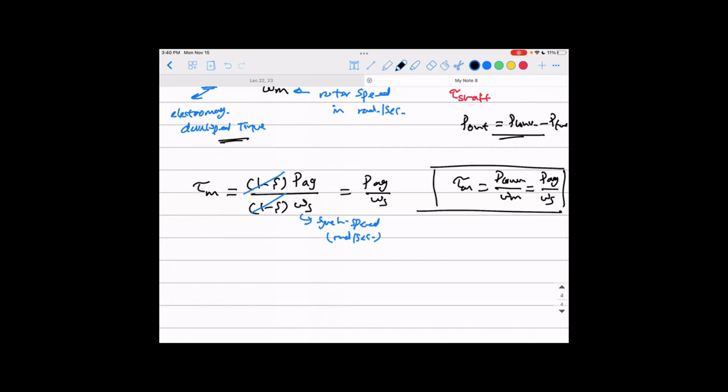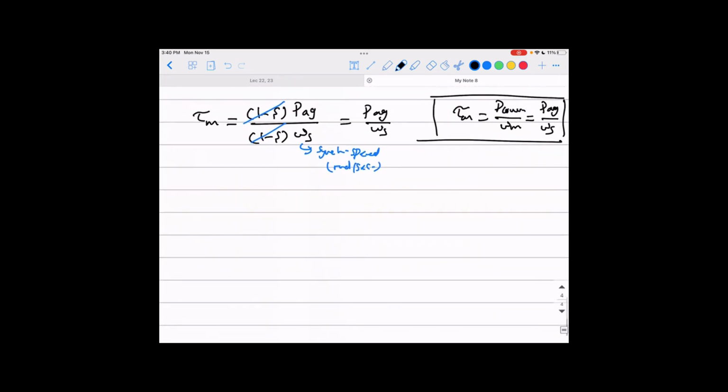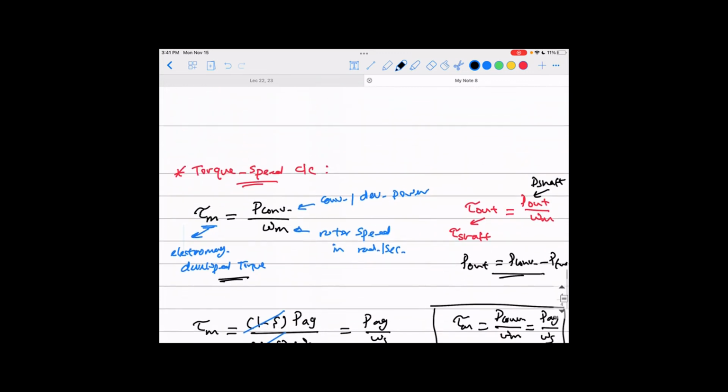Okay, if you refer back again to our power flow diagram and the calculation there, the air gap power can be found by 3 times I2, the rotor current magnitude squared, times R2 over s. It is the power going to the R2 over s resistance. Okay, because that is the whole power going from the stator to the rotor, remember?